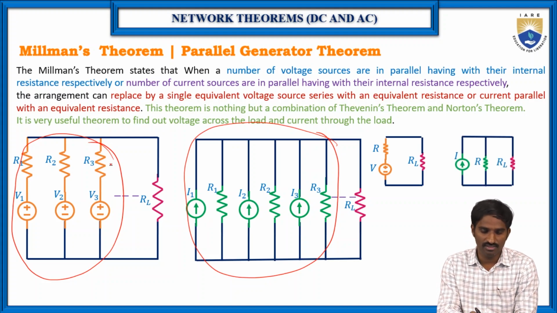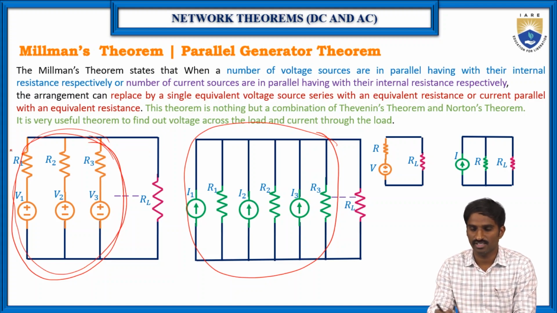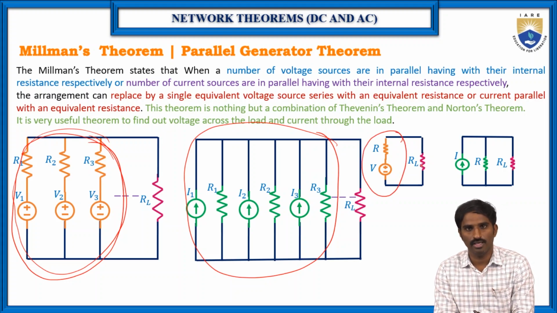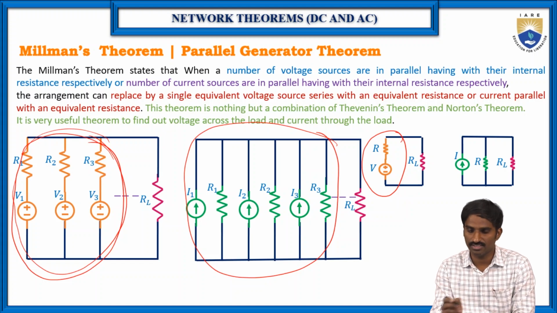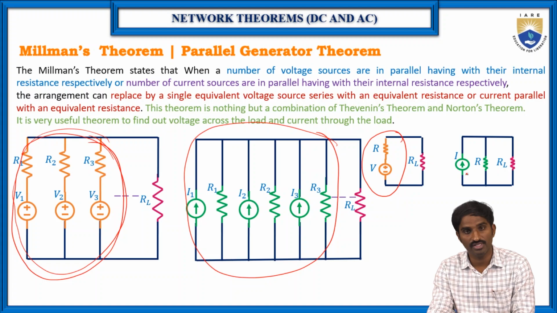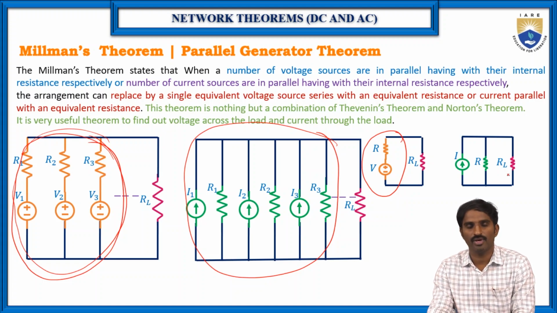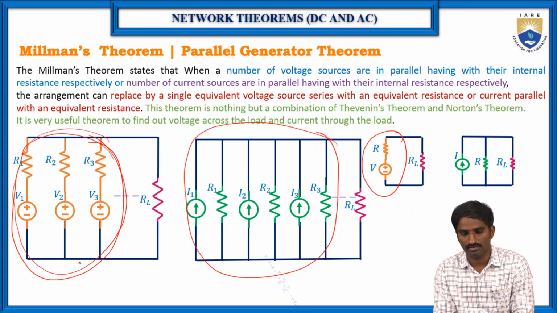Which means the total parallel combination of the voltage sources with internal resistances can be replaced with a single voltage source with its internal resistance, connected in series to the load resistance. In the same way, the current sources with internal resistances connected in parallel can be replaced with a single current source, with the internal resistance connected in parallel with the RL, right? Now how do we find this V and R?